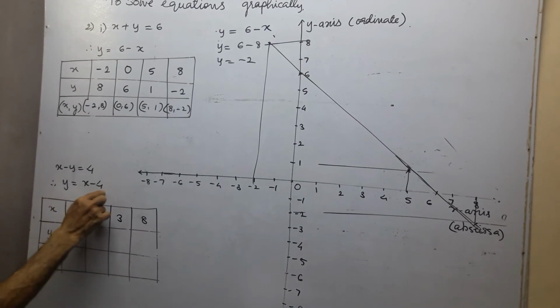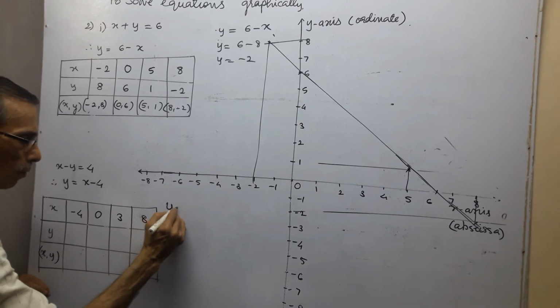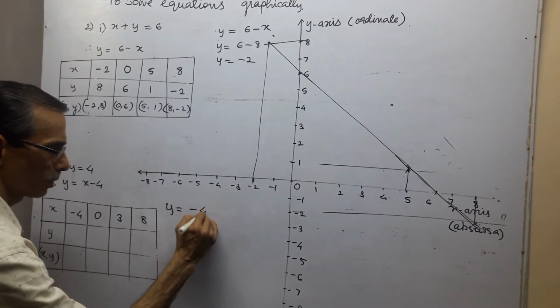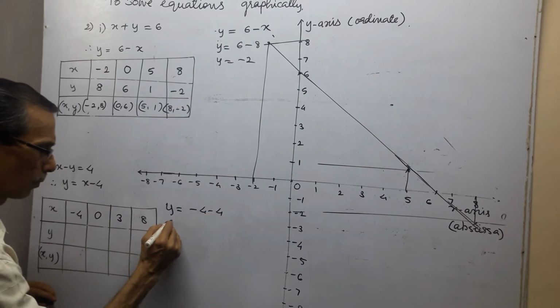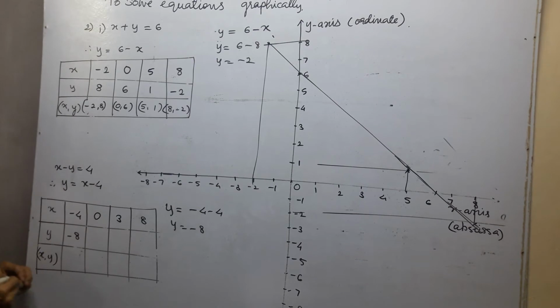Substitute values of x in the equation, get the values of y. So we get y is equal to minus 4 minus 4, and therefore y is equal to minus 8. So write here y is equal to minus 8.